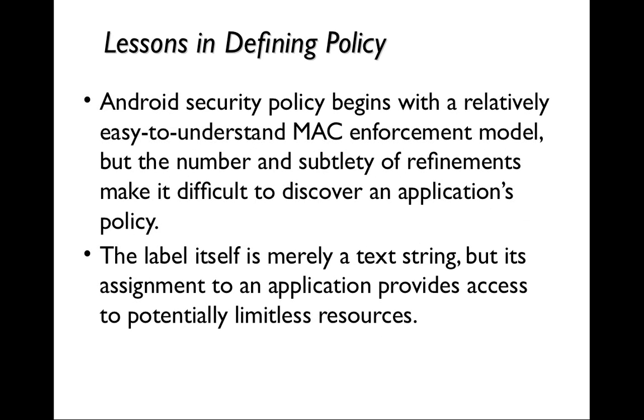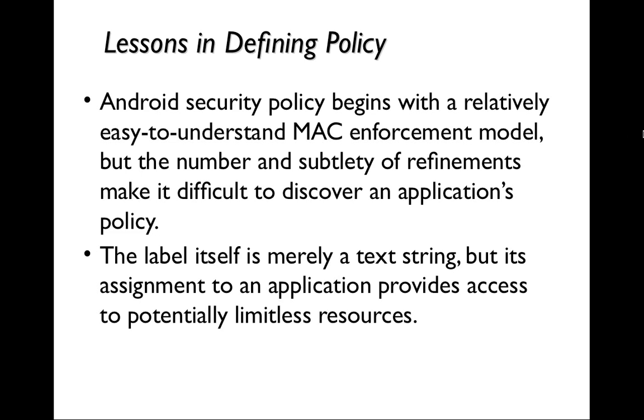Okay, so lessons in defining policies. The Android security policy begins with a relatively easy to understand interface that we looked at. In fact, that's all there is to it. The number of subtleties and refinements make it difficult to discover the application's policy. Actually, the more the system grows, the more difficult it is to see what protection there is on certain items.